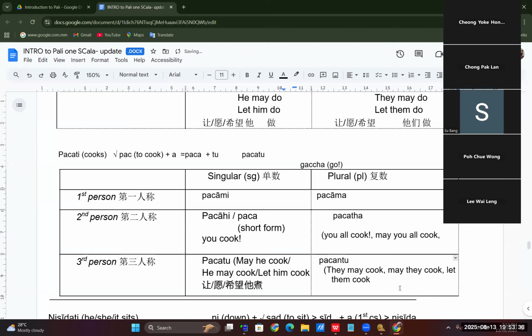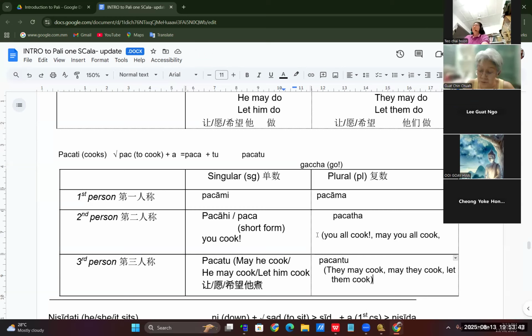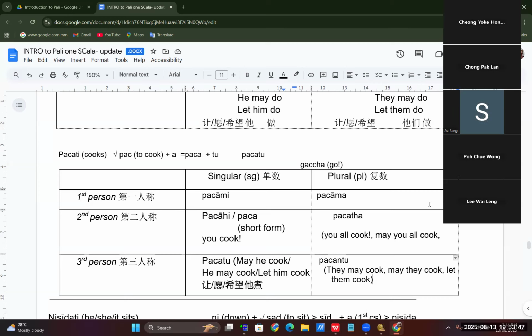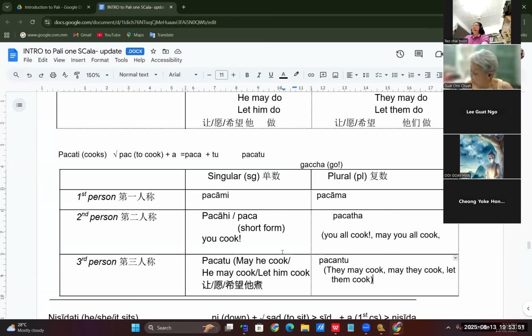In this way you just repeat the same thing with the first person, singular and plural. So how to differentiate this is you just remember tu, entu, hitamima.